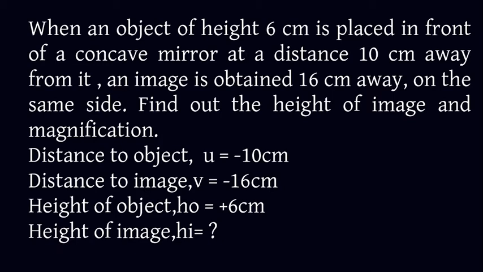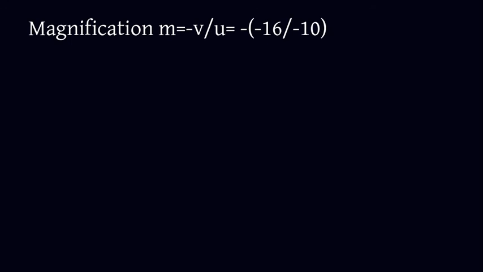So first we can calculate the magnification, using the v and u. Okay, then see, magnification m is equal to minus v by u, that means minus of v by u. And v is equal to minus 16 and u is equal to minus 10.